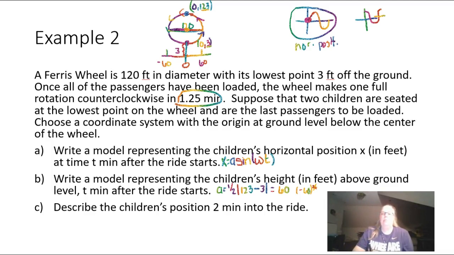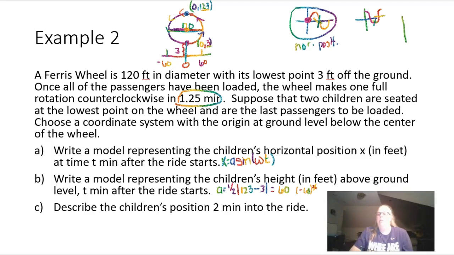And so at the halfway point, it's going to be at its highest point. If we look at the sine curve, the halfway point is located right here. That's a 0, or an x-intercept. If we look at our cosine curve, the halfway point is going to be right here. Now, this is the regular cosine curve, but we know this one's going to be inverted because we have the negative in here.